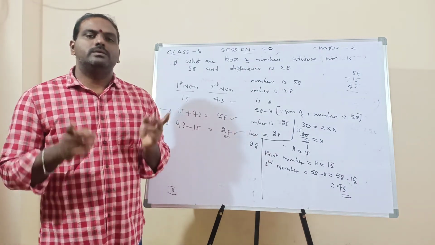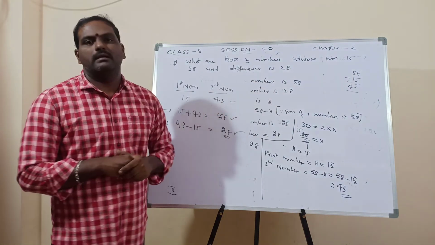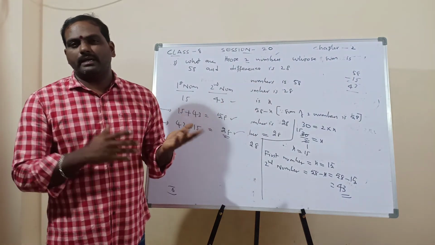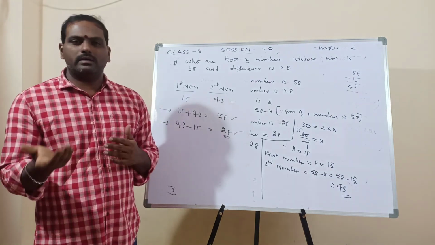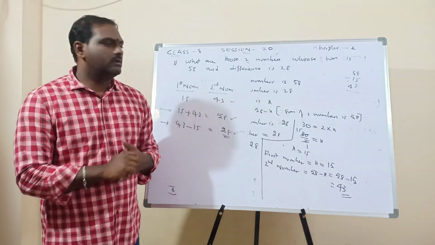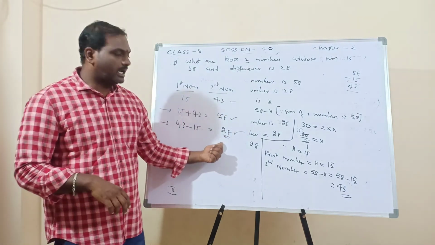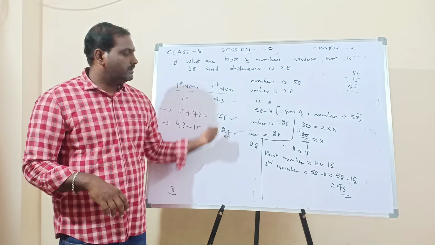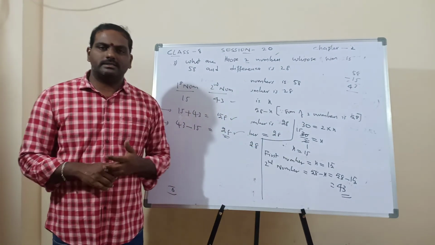You can also do first number minus second number, because the difference is given. If we don't know which is the bigger number and which is the smaller number, then we can subtract either 1 from 2 or 2 from 1. If you are interested, you can try with first number minus second number. You will get the same answer, you just try it.